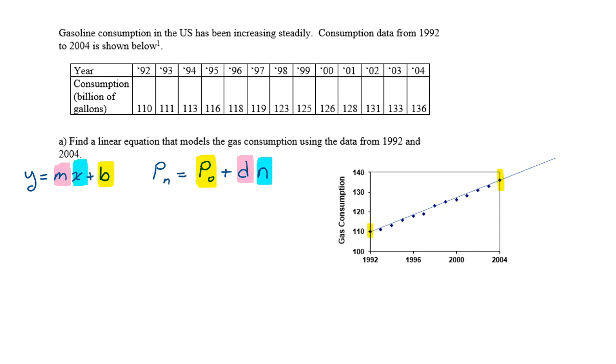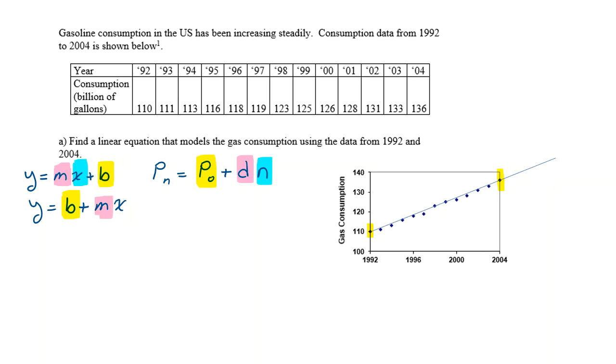And your output, your y value, is the same as p sub n. So it would be nice to write y equals our starting value plus however much it changes by, the rate of change per year, and x would be the number of years. You can see how it fits the same pattern as p sub 0 plus d times n.